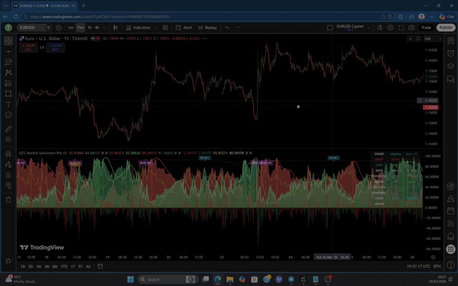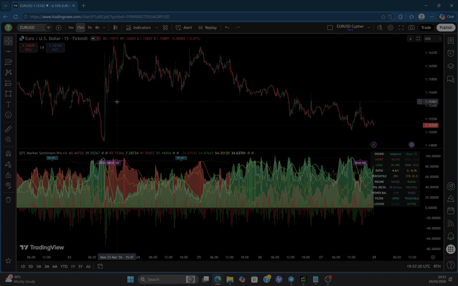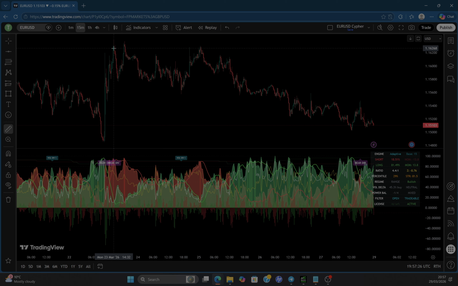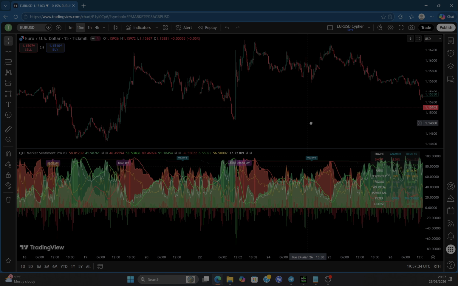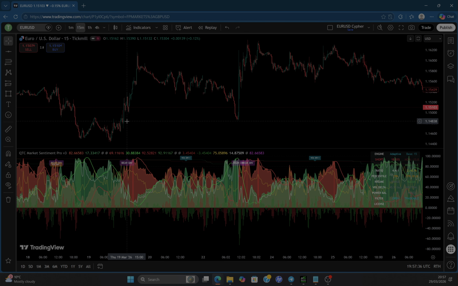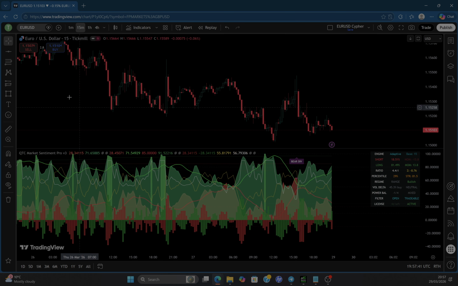If I zoom out a little bit, yeah, this was the last one. Now we've got another buy in here and the divergence here. So yeah, the signals are good, but not to be relied on alone, because the indicator tells you a lot more than just a signal to trade on.